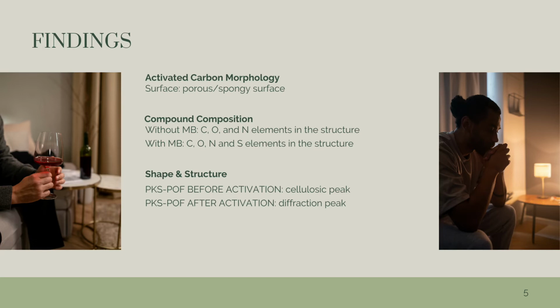Next, for XRD analysis, PKS and POF before being transformed into activated carbon has a cellulosic peak. The XRD pattern of PKS-POF activated carbon reveals a characteristic diffraction peak at 25 degrees. The presence of a broad XRD spectral line suggests that the PKS and POF activated carbon geometry is amorphous.